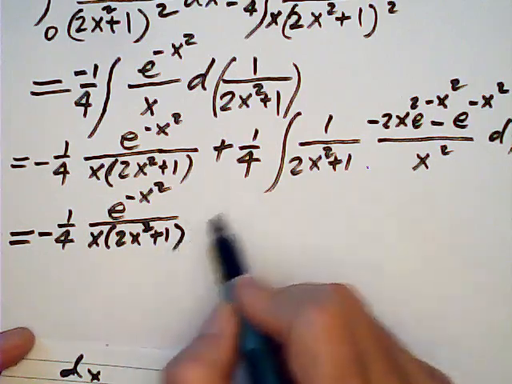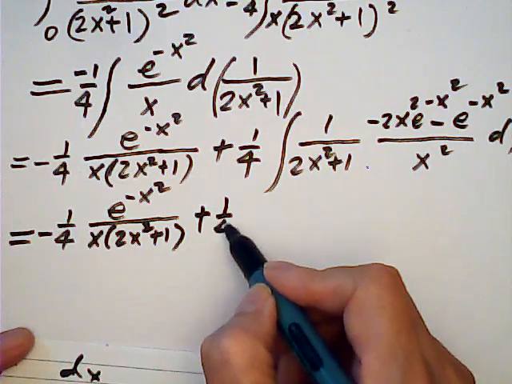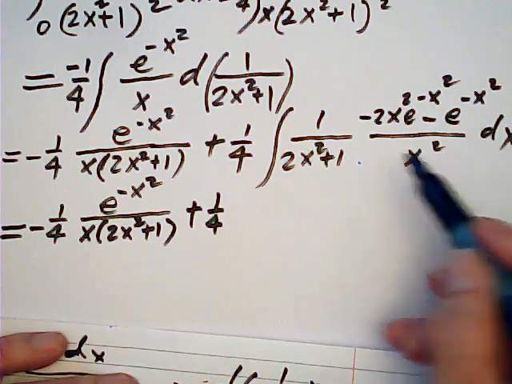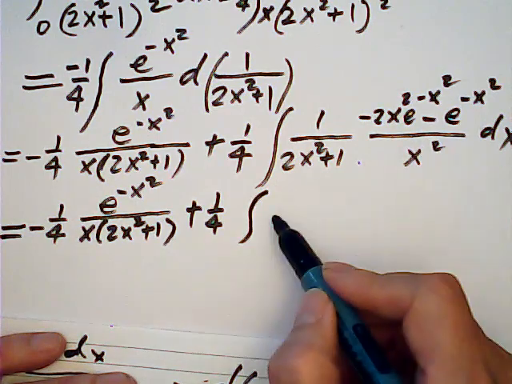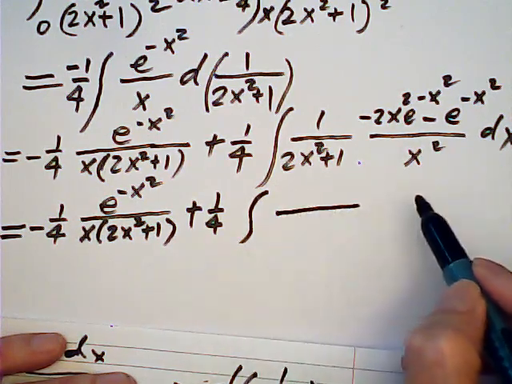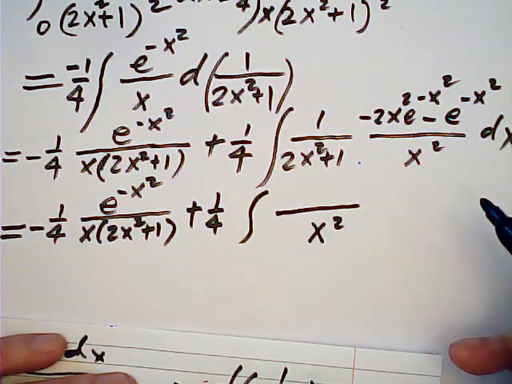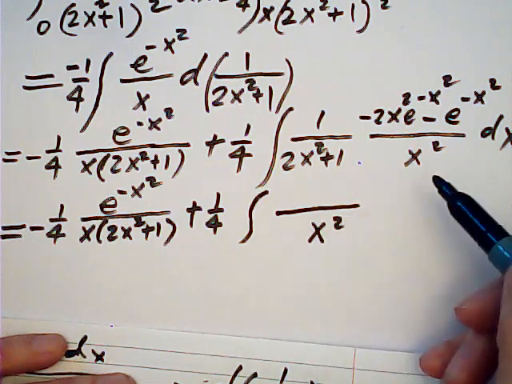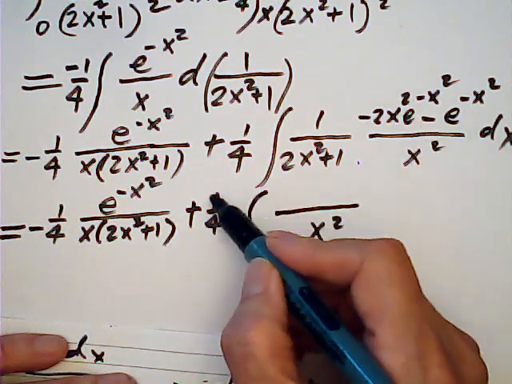The main thing is this, the next integral. The next integral is that, this is x squared. And this cancels with that one, which is a negative.